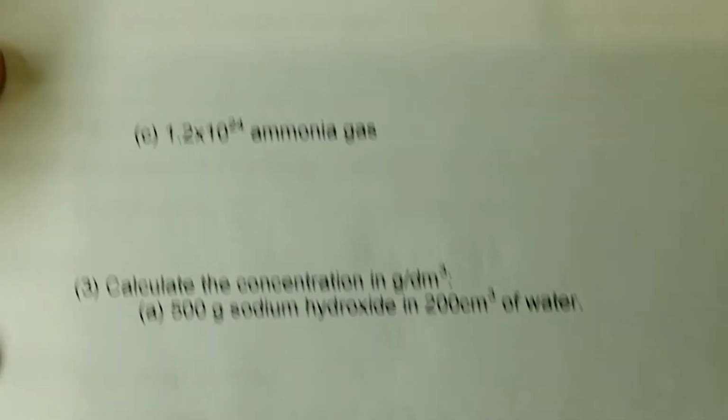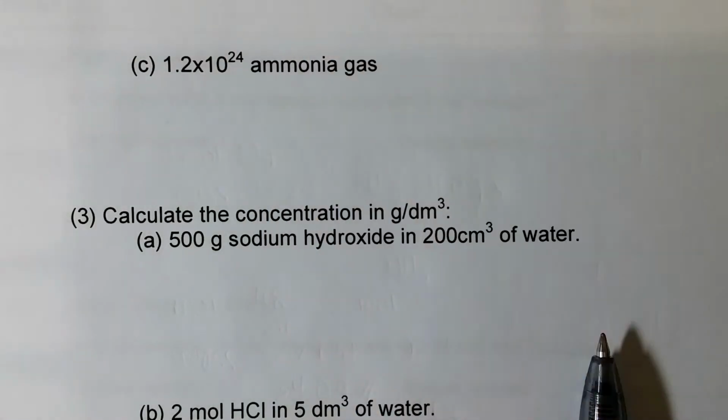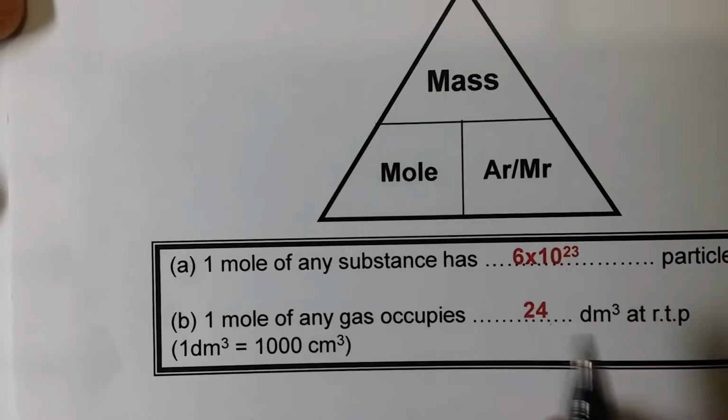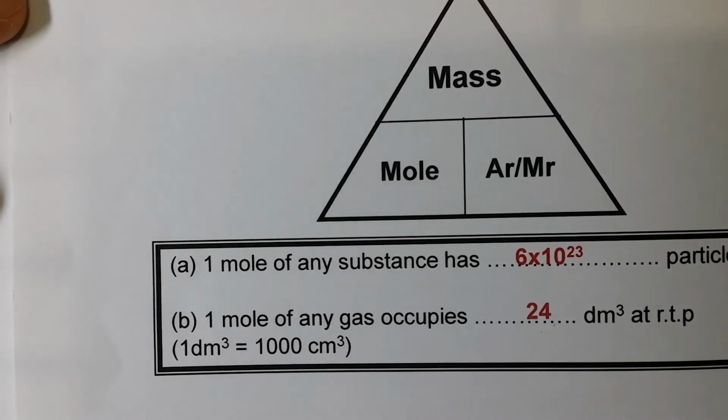Let's go to the next page. 1.2 times 10 to the power 24 ammonia gas particles. So this is actually the number of particles. 1 mole of any substance has this many particles.